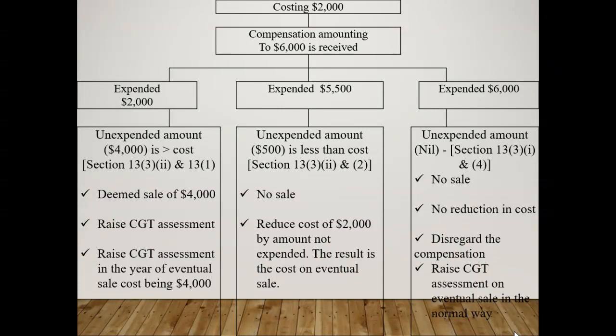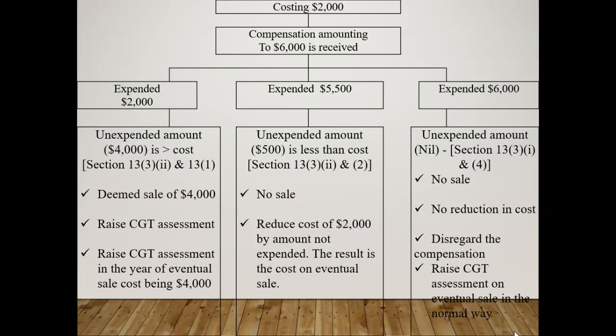Then we raise a CGT assessment in the year of eventual sale, with the cost being 4,000. What if it was 500? The unexpended amount is less than the base cost, so there is no sale. Reduce the cost of 2,000 by the amount not expended. The result is the cost on eventual sale.